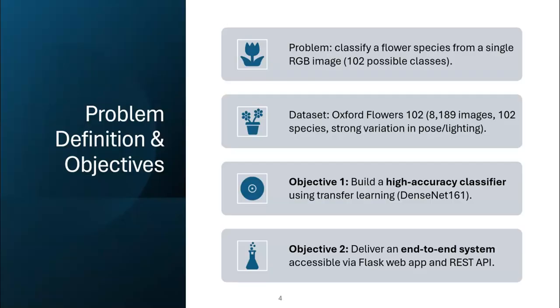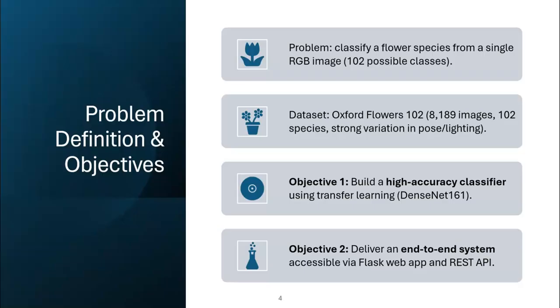For the problem definition and objectives, formally, given a single RGB image of a flower, predict which species it belongs to. As we discussed, we use the Oxford 102 dataset, which has 8,189 images across 102 species, with a large variation in pose, scale and lighting. We defined two main objectives.